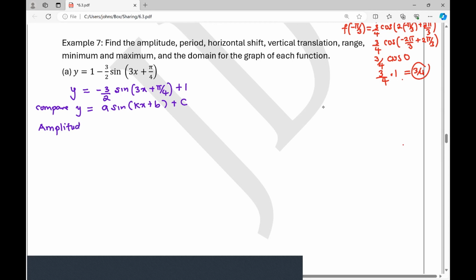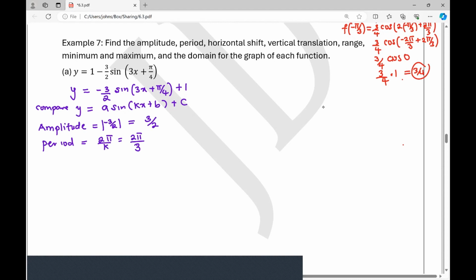Amplitude is going to be the absolute value of a, which is the absolute value of minus 3/2, which is still going to be 3/2. This is our amplitude. And period is 2 pi over k, which is the same thing as 2 pi over, what is k here? k is 3, right? 2 pi over 3.